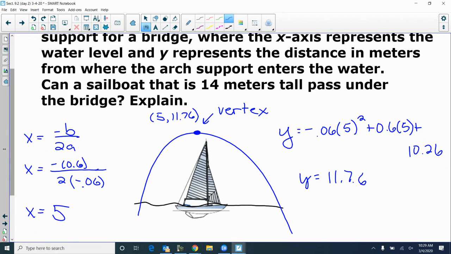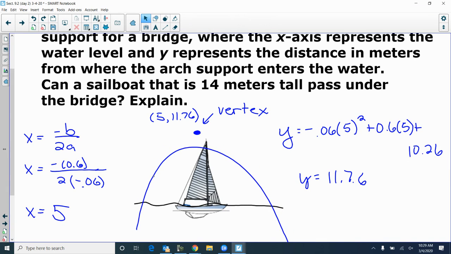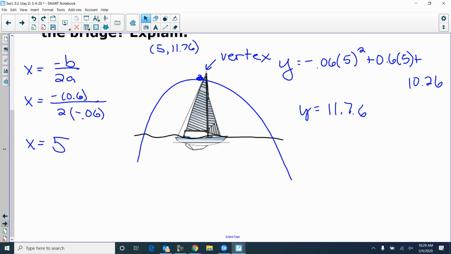So basically, this is 11.76 meters high. If the sailboat is 14 meters tall, will it pass under the bridge? No, it will hit that. So no, it will not pass under the bridge.